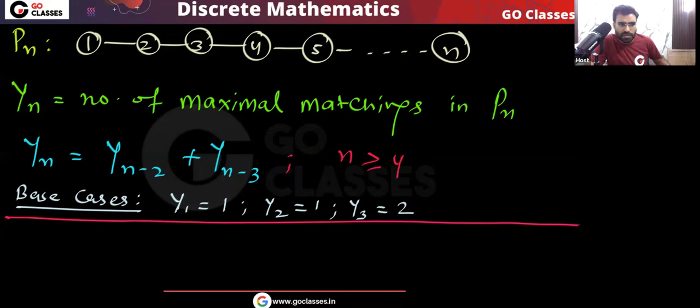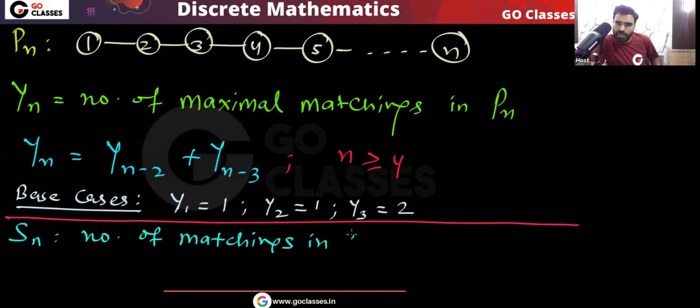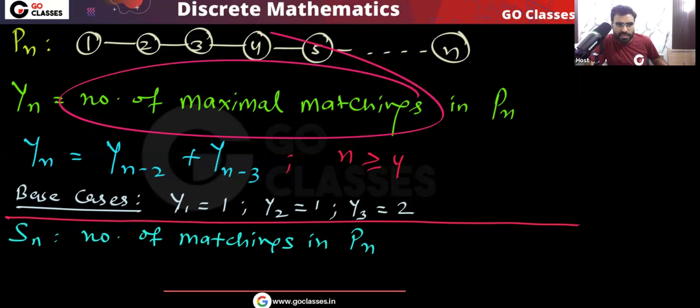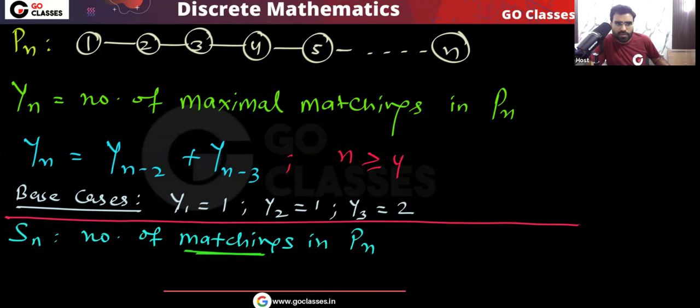One more thing you can see. We have also found what was Sn. Sn was number of matchings in Pn. Okay. In the same graph, in the path graph on n vertices, yn means number of maximal matchings, Sn means number of matchings.